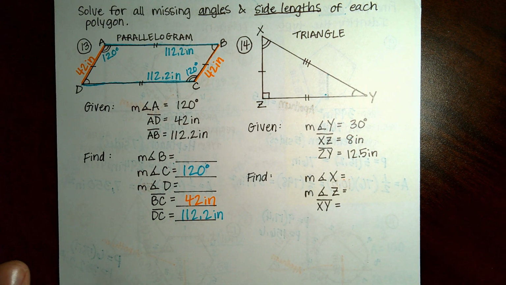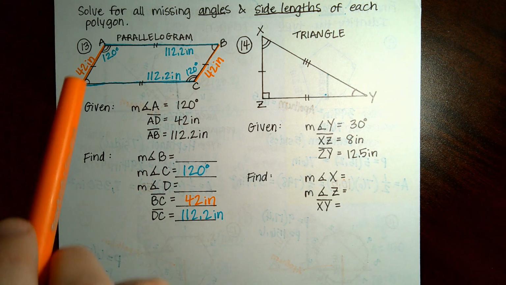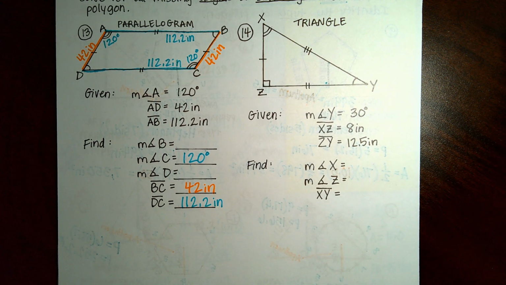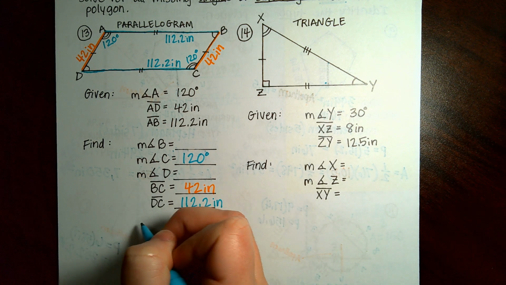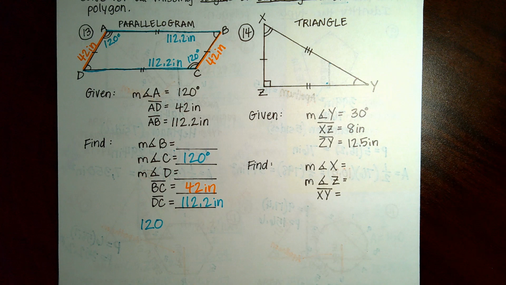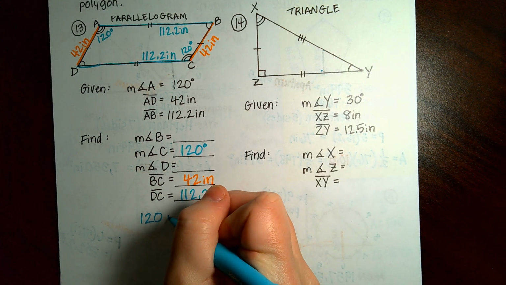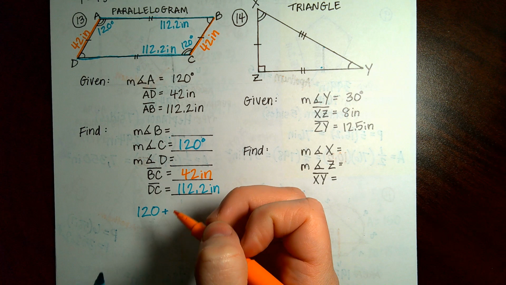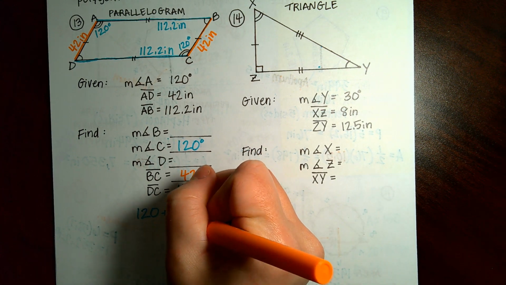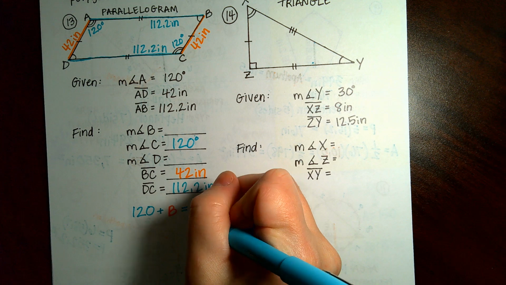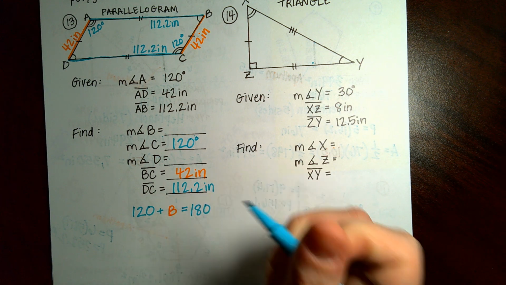So what equation could we write to solve for D and B? Do 120 plus X equals 180. Good. Yes. 120 plus X, or you could say plus B. I just do X because we're trying to find two different numbers. Two letters, and it's just confusing.